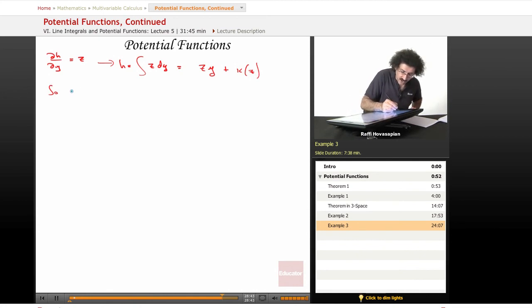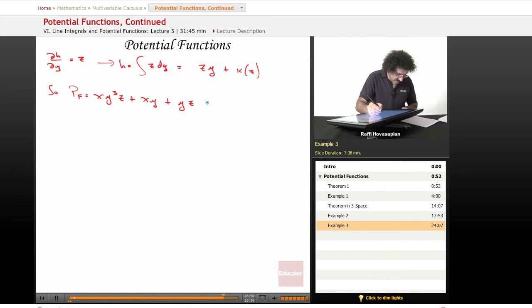So now our potential function is equal to x y cubed z plus xy plus yz plus kz.